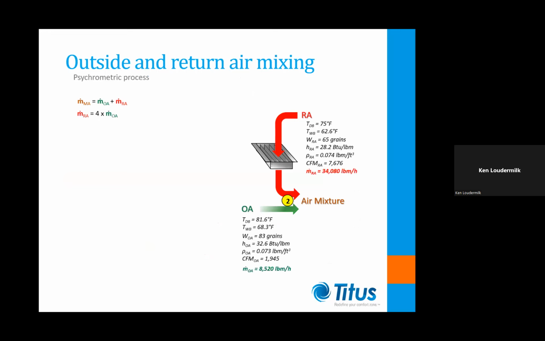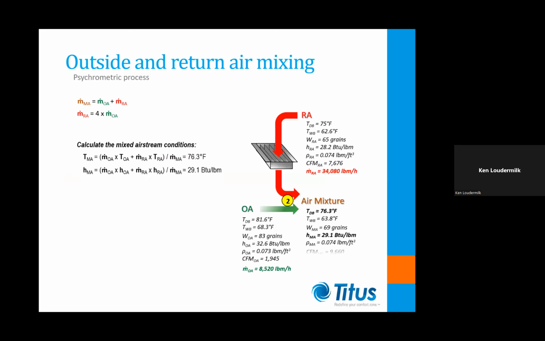For this calculation, let's assume the mass of the return air within the mixture will be 4 times that of the outdoor air when the air handling unit is operating at its designed sensible airflow rate. The dry bulb temperature and enthalpy of the mixed airstream can then be calculated using mass flow rate mixing equations. Knowing these two properties, the other properties of the air mixture can be determined.